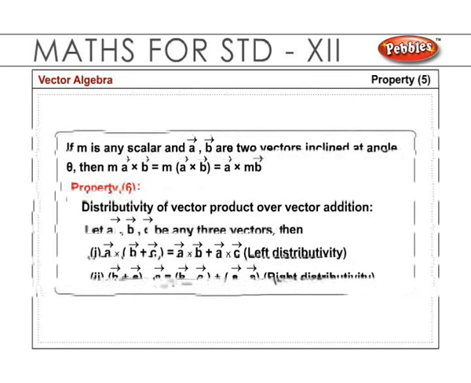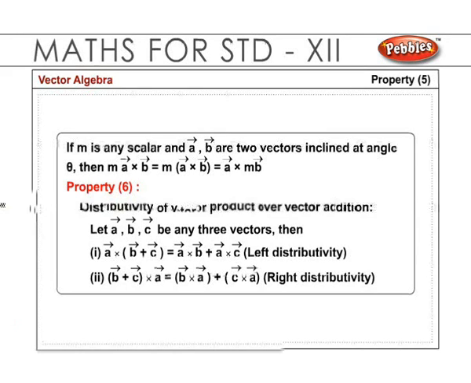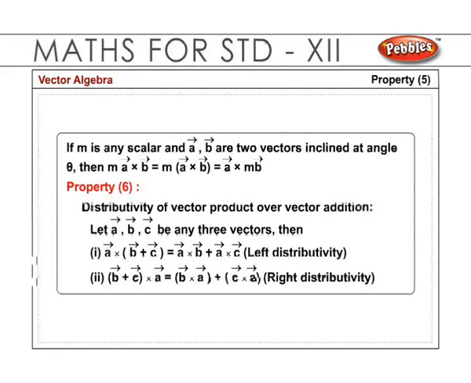Property 5. If m is any scalar and A, B are two vectors inclined at angle theta, then (mA) cross B = m(A cross B) = A cross (mB). Property 6. Distributivity of vector product over vector addition. Let A, B, C be any three vectors.